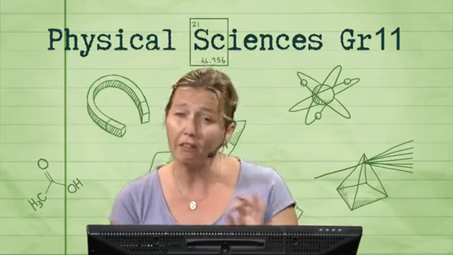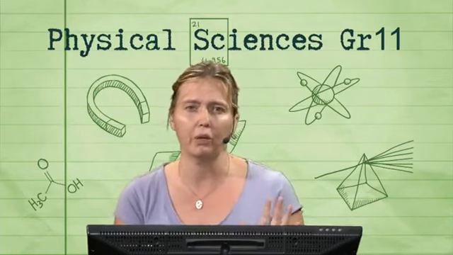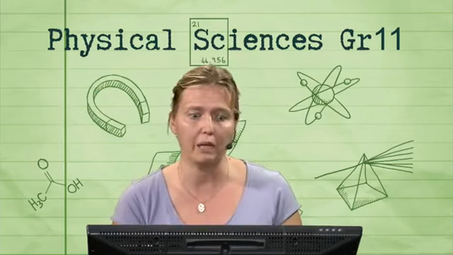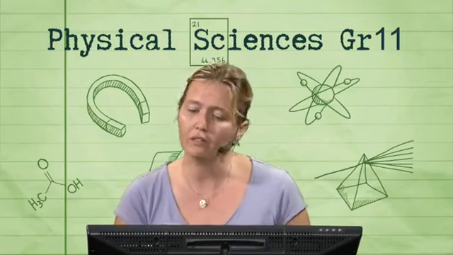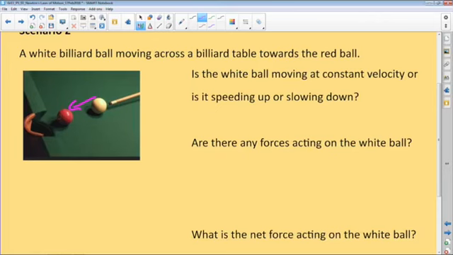This one you might think is a little bit tricky, but we'll see if we can work through the answers easily. So the first one, is the white ball moving at constant velocity, or is it speeding up, or is it slowing down? Hopefully your brain is saying, hang on a minute, there should be friction here. And I hope your brain has said that, because that means that you've been thinking. Yes, there will be a little bit of friction, but the reason that we chose a billiard ball or a snooker ball is because the friction is going to be really, really small.